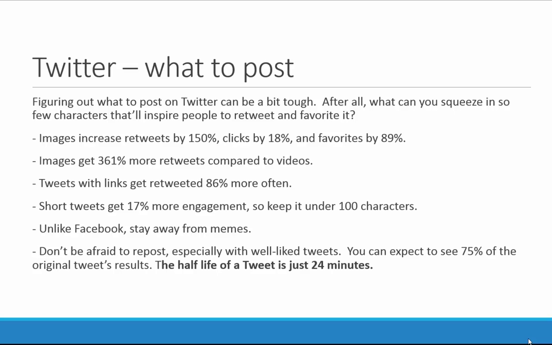Interestingly, when you retweet, when you reuse that content, I really suggest that you change it, you alter it a little bit to try to increase engagement. So say it's a new product offer. Your first tweet may be, hey, I guarantee this is going to work for you, 30-day guarantee. Your second tweet may be, this product is awesome.